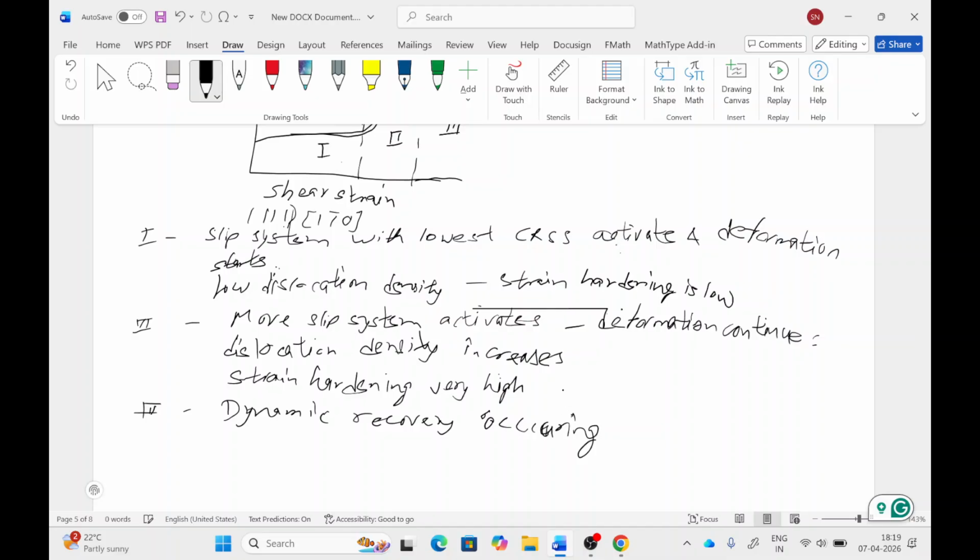The annihilation of dislocations releases stress, so less stress is required during the deformation. So dynamic recovery is occurring, and the strain hardening rate also decreases because there is no increase in stress with increasing deformation.